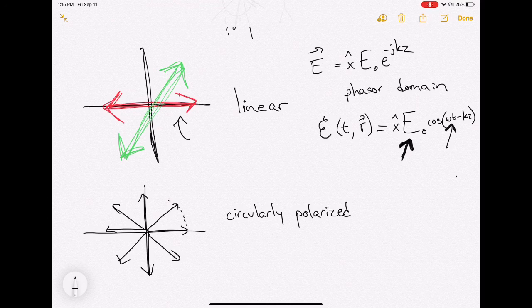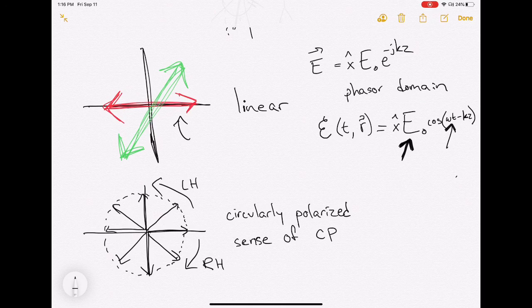So it goes in a circle like that. We talk about the sense of polarization, particularly for circular polarization, meaning does the vector go around to the left or around to the right? So left-hand circular polarization goes around to the left, and right-hand circular polarization goes around to the right.